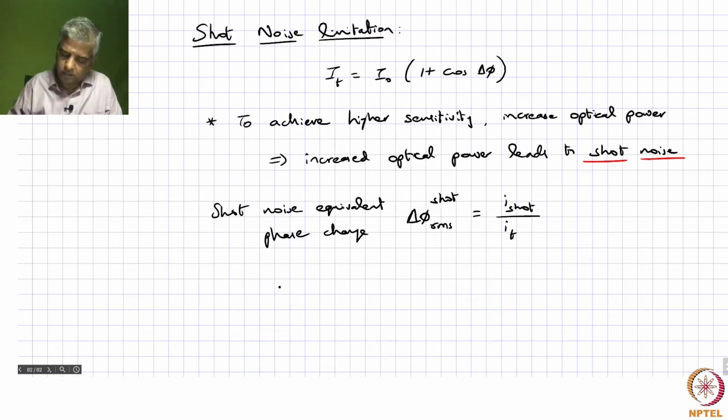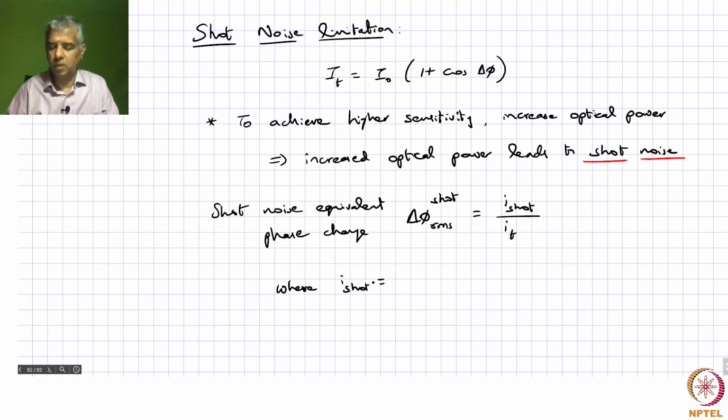Now we can define these quantities. I shot, what is that given by? The variance is 2q into I_P multiplied by B, where I_P is the photocurrent. So you can write it out now in terms of the optical power.